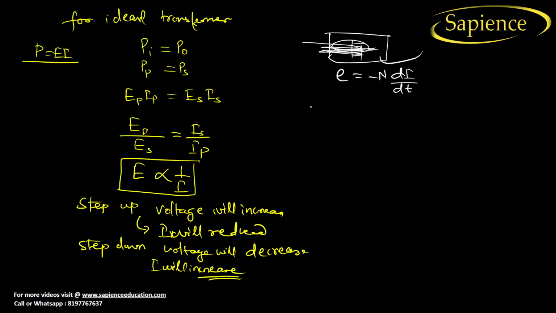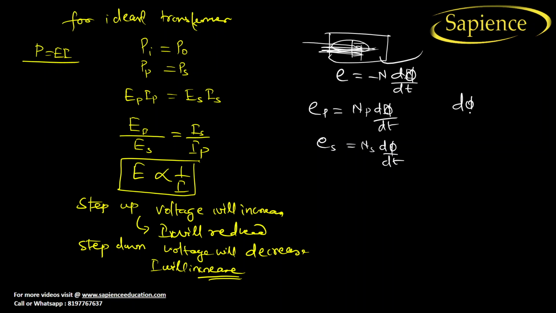Also, EMF produced in the primary coil can be written as E_P equals N_P d phi by dt, and E_S can be written as N_S d phi by dt.